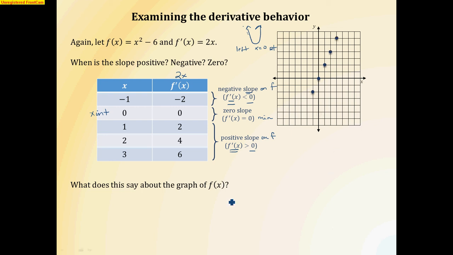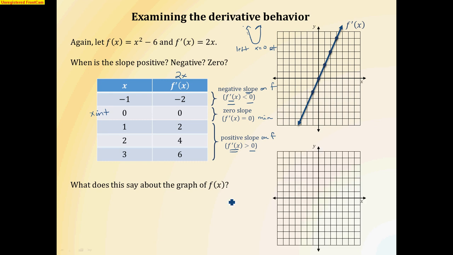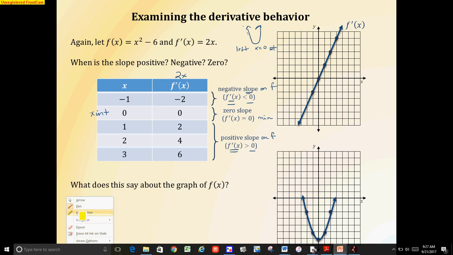So here again is the picture of f prime. Here is the picture of x squared minus x. I want you to look at some of the corresponding behaviors. Where f prime has an x-intercept, f has a horizontal tangent.